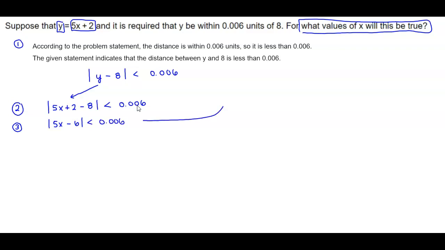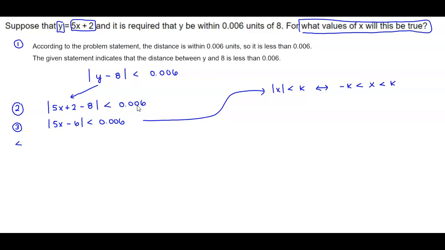0.006. Now let's take a look at the definition. The definition of the absolute value of an expression when it's less than a constant is the following. We would say that the negative constant is going to be less than the expression, which is less than the positive constant.